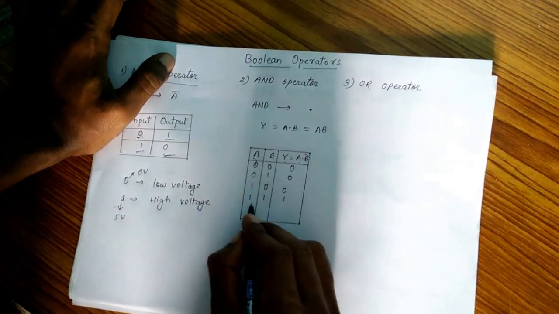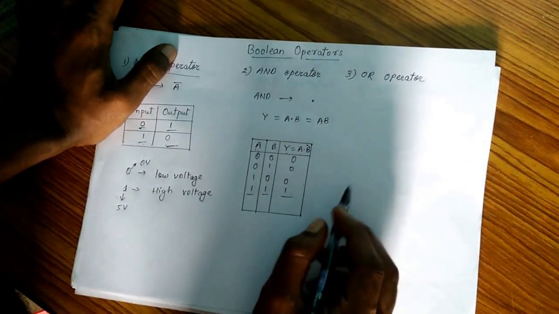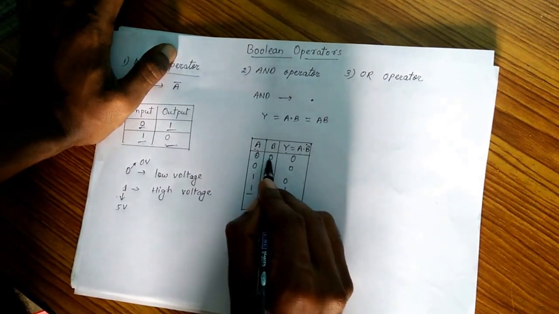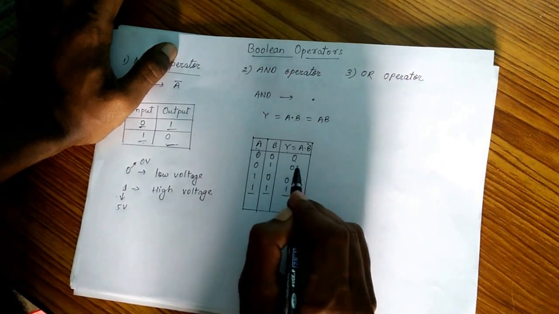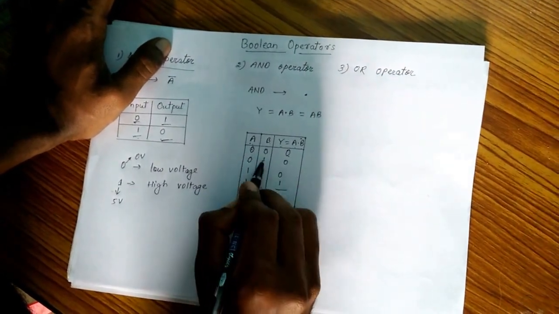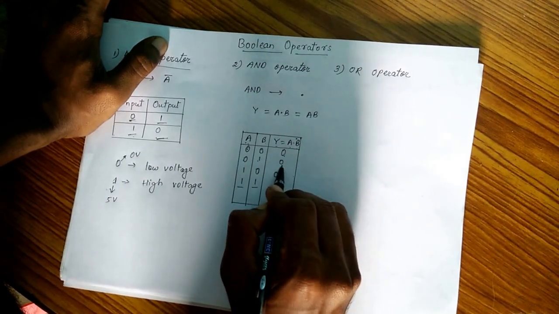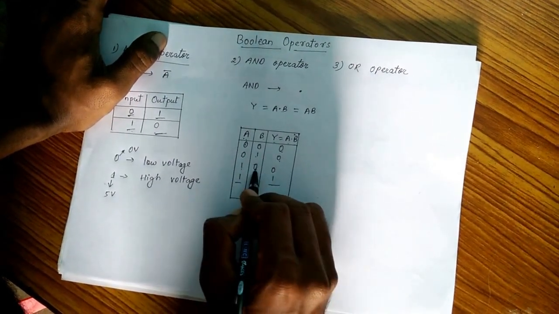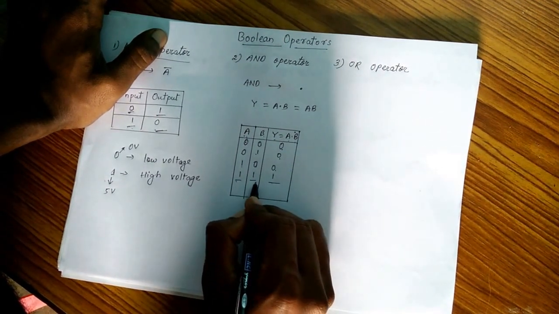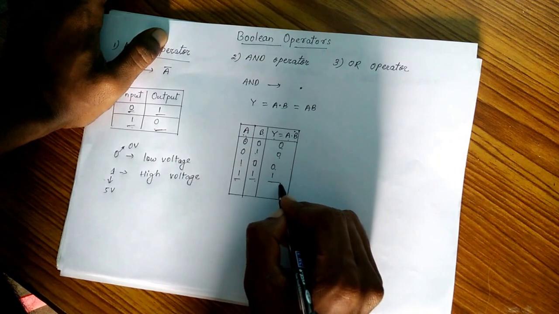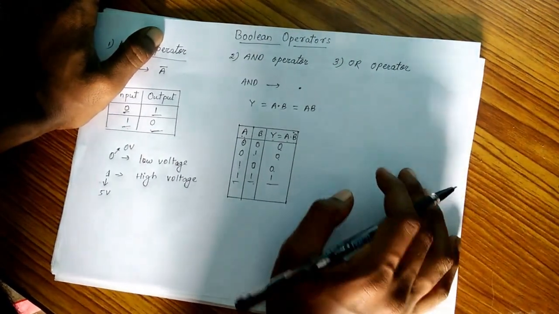And if both the inputs are high voltage, then we get high voltage as output. Here both the inputs are low voltage, then we get output as low voltage. Here A is 0 and B is 1, and the output is also 0. Here A is 1 and B is 0, then the output is 0. But in the last, both are 1, then we get the output as 1. This is the whole description of the AND operator.